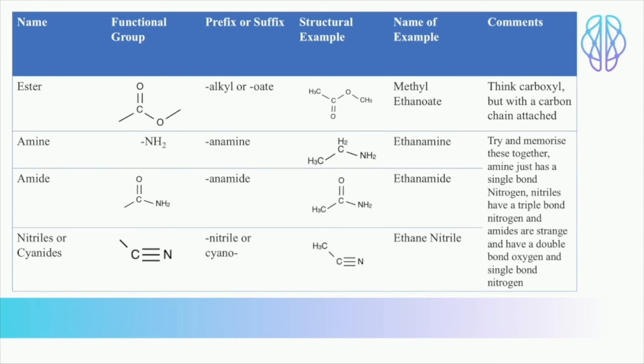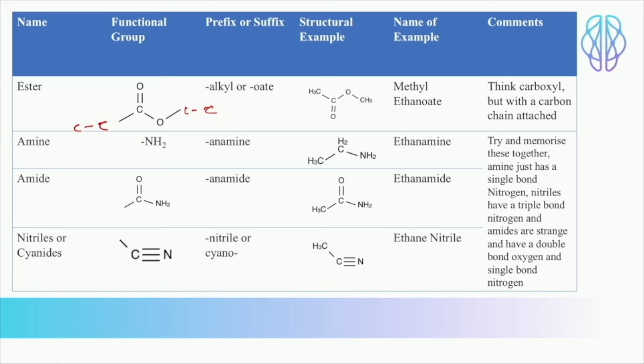So the next functional group is an ester. An ester is really actually quite similar to a carboxyl group in that there is a double bonded oxygen. However, instead of the single bond being an OH, it's actually just an O. And then here you'd have 1 carbon chain, and then here you'd have another carbon chain. I don't want you to focus too much on how to actually name an ester.